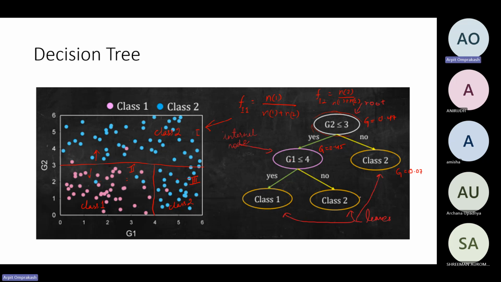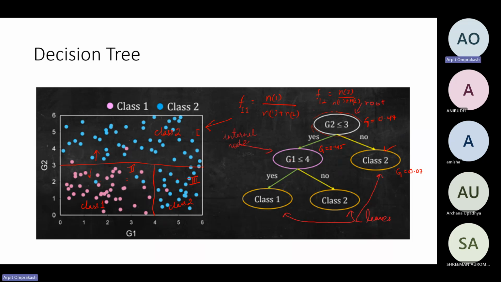In this case, the model has decided that 0.07 is a very low value for Gini index, so we can stop here and just assign a label here. Here, however, the value is 0.45, which is very high, so the model has decided to go further. So you can use the Gini index or the entropy. That answers just part of the question, which is when to stop.